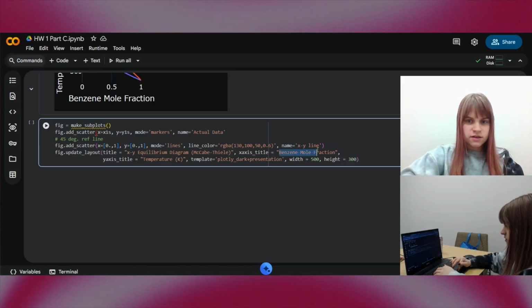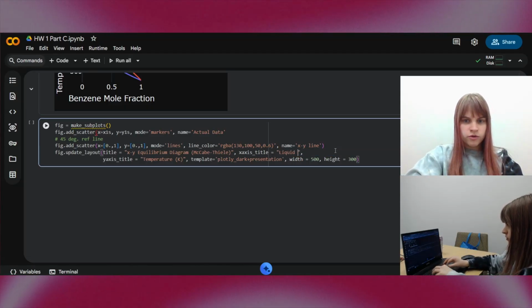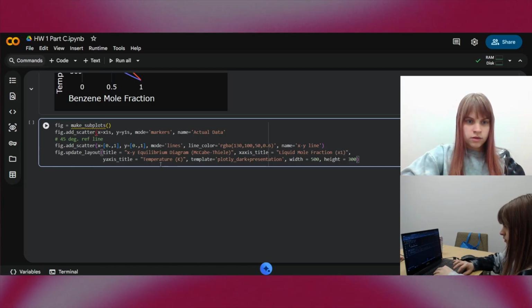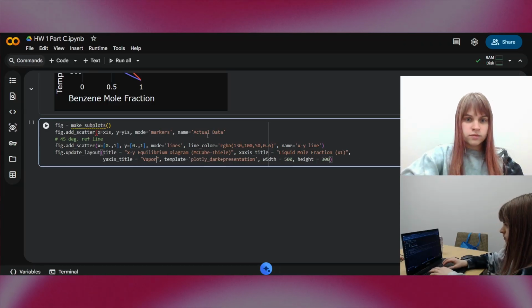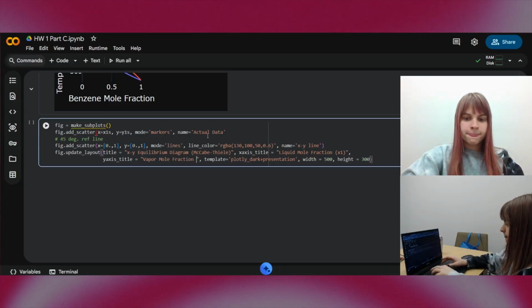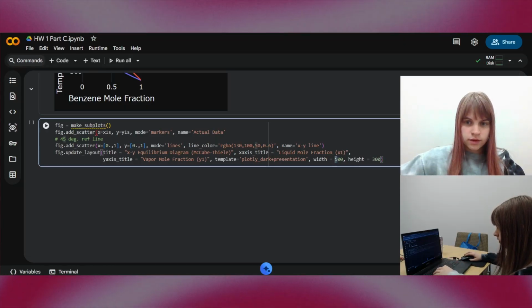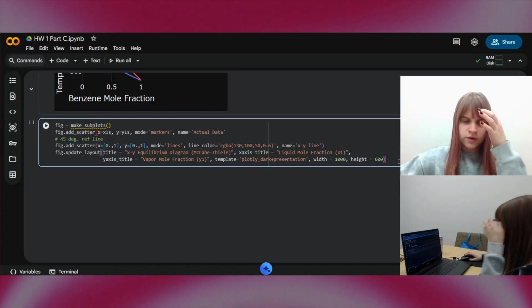The x-axis is the liquid mole fraction. The y-axis is the vapor mole fraction. And again, I'll make this bigger so we can see what's going on a little bit better.